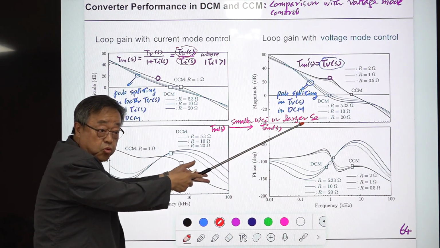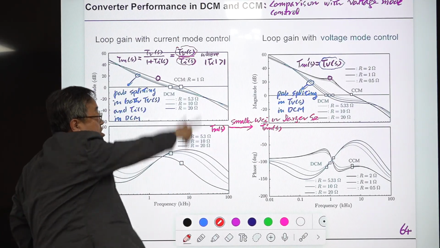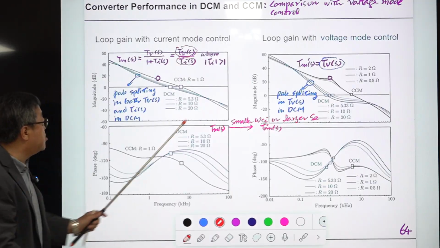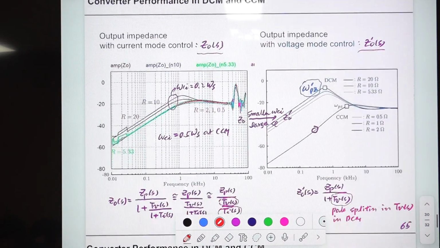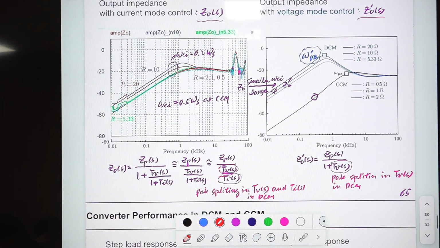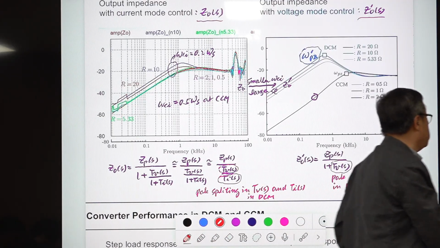That is voltage mode control, right? So if you follow the design rule, you will absolutely have this kind of behavior. And the output impedance characteristic is shown here. This is the voltage mode control case.